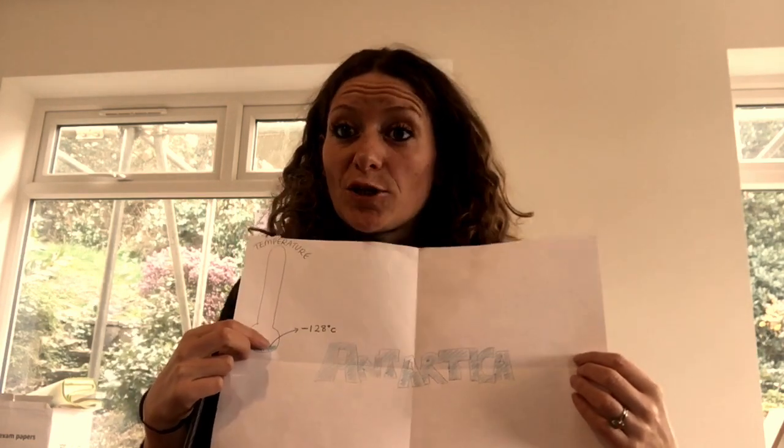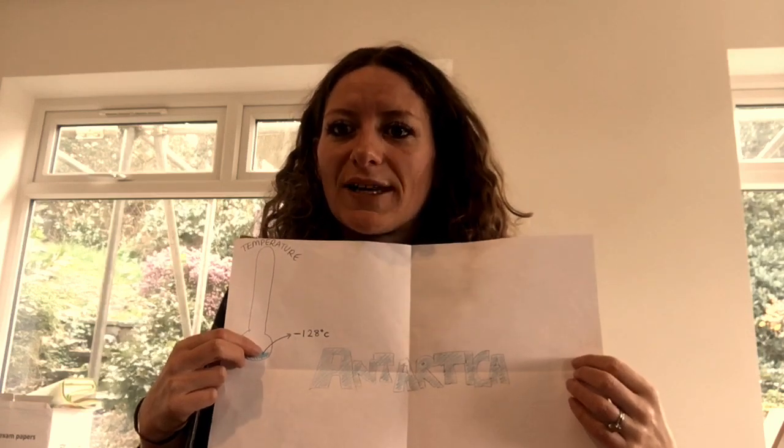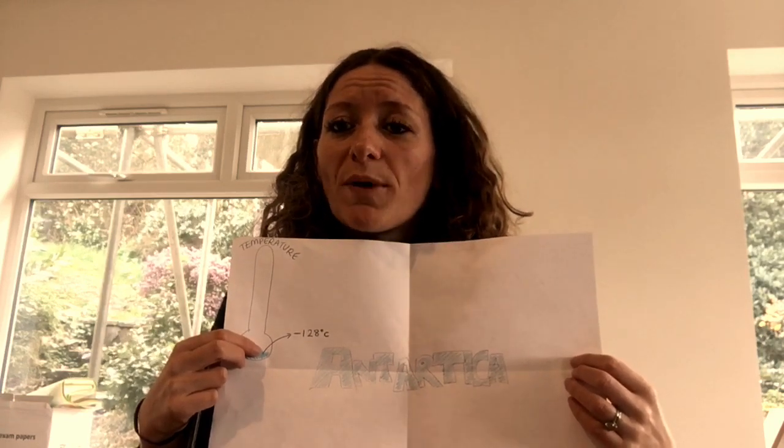Now the second thing I told you about was the fact that actually in Antarctica, it's too cold for it to rain. So what we're going to draw to show that is a rain cloud, but then what I'm going to do is I'm going to take my blue pencil. So I've drawn my rain cloud just like that. I'm actually going to take my blue pencil and I'm going to draw a big blue cross through the middle of my cloud.